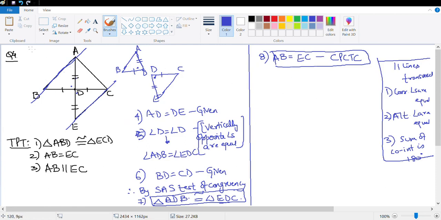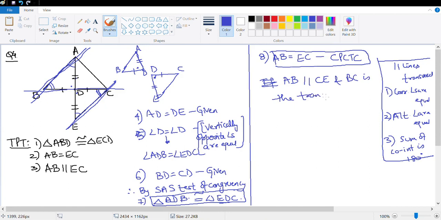So I notice because these two triangles are congruent, this angle and this angle are equal, and this angle and this angle are equal. We've already proven that these two triangles are congruent. So does it help me prove anything? I notice that angle B and angle C, these are alternate angles. So let me just write this for you. If AB is parallel to CE and BC is the transversal.